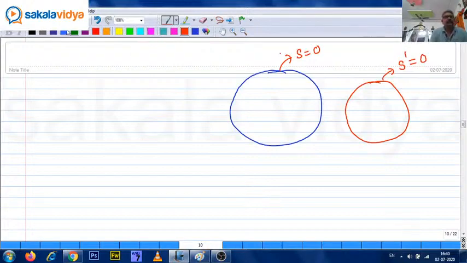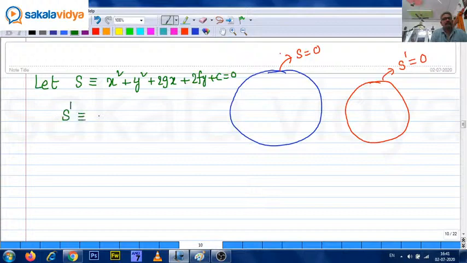Here let us suppose S equals x square plus y square plus 2gx plus 2fy plus c equals 0. S dash is equal to x square plus y square plus 2g dash x plus 2f dash y plus c dash equals 0.